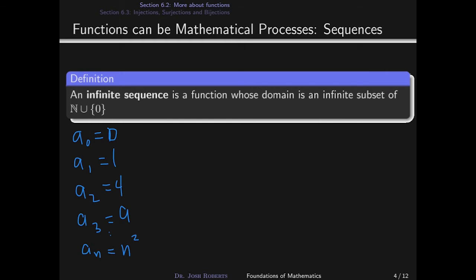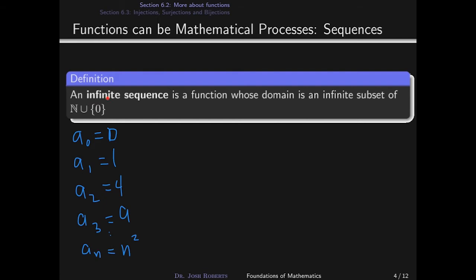So how can this be thought of as a function? Well, the domain is going to be an infinite subset of the natural numbers union 0. The reason I have to union 0 in is because some sequences start at 0, like this one, and some sequences start at 1.